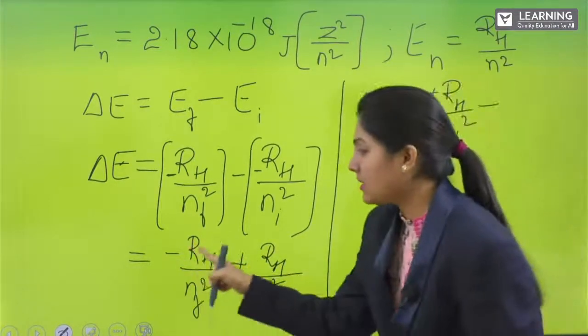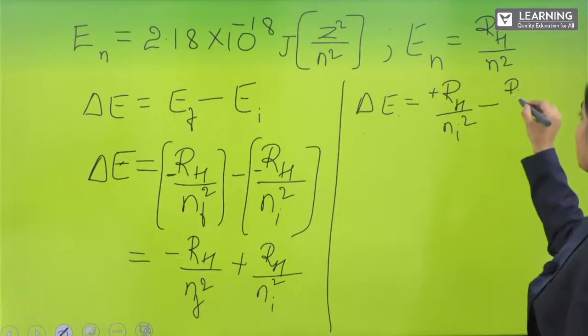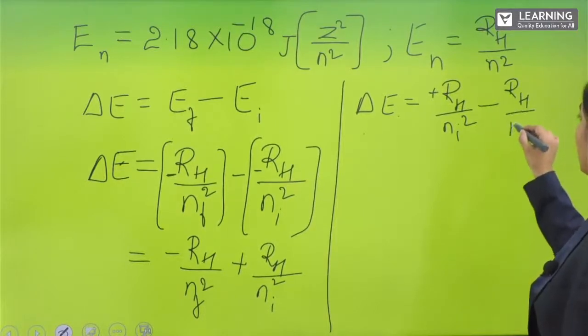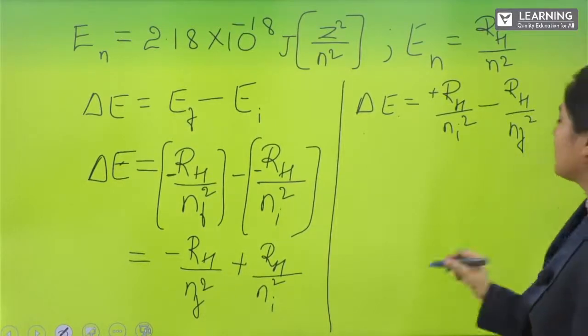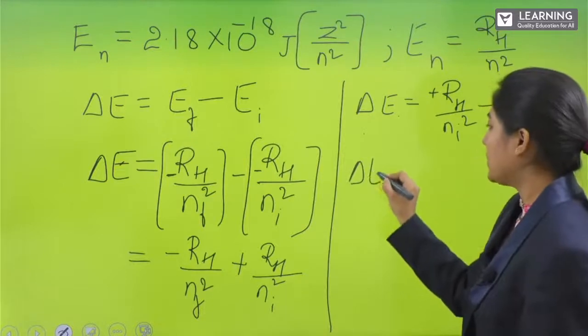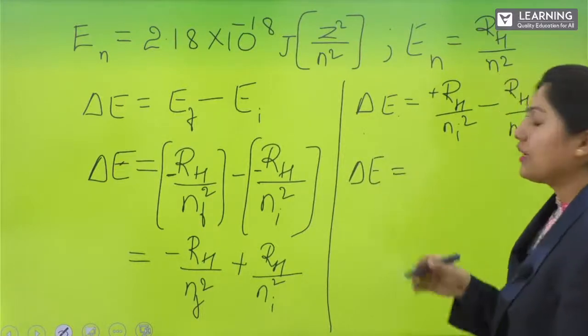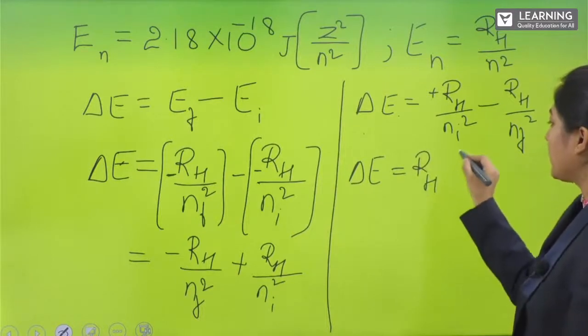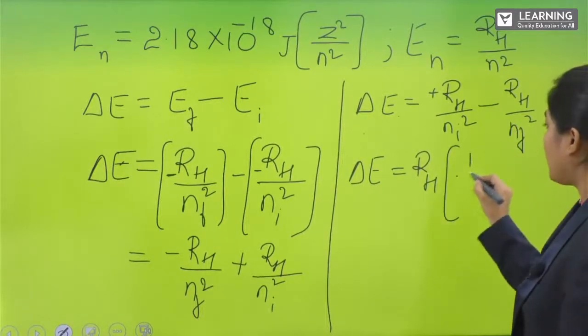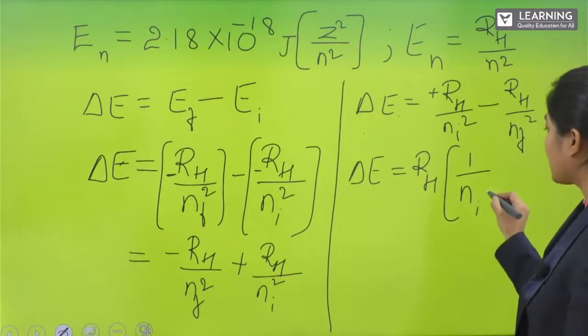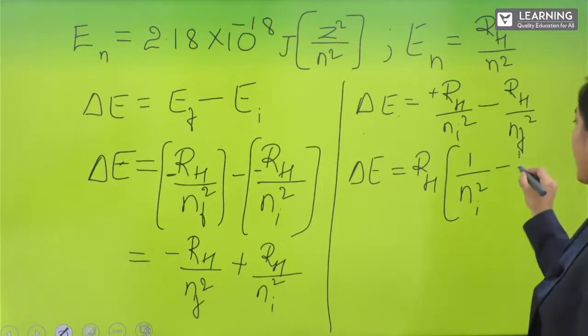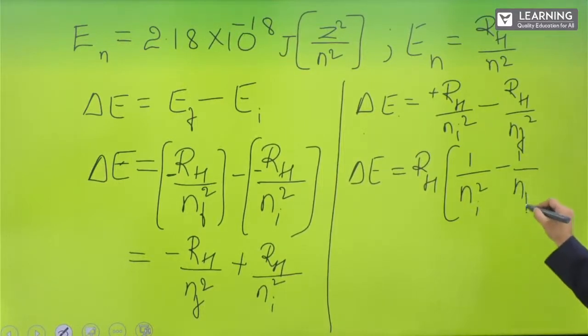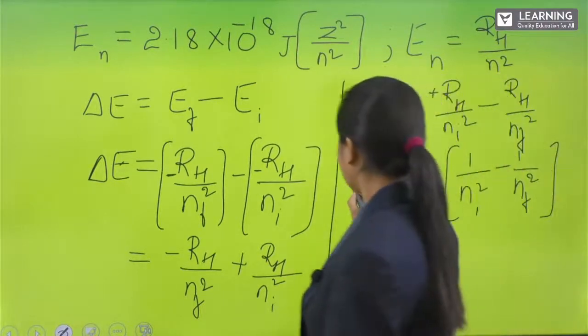Because this has a minus here. So RH by NF square. So delta E is equal to, now I can take common out. So RH into 1 by Ni square minus 1 by NF square. So this is how we get it.